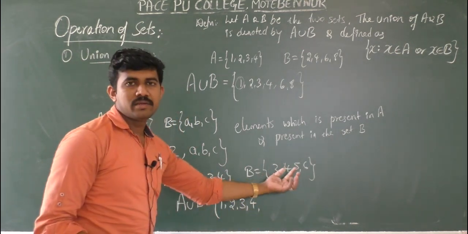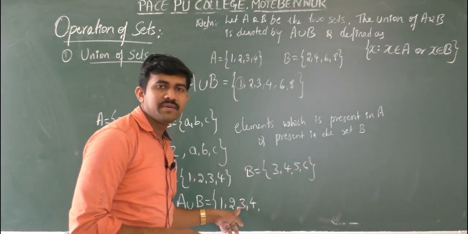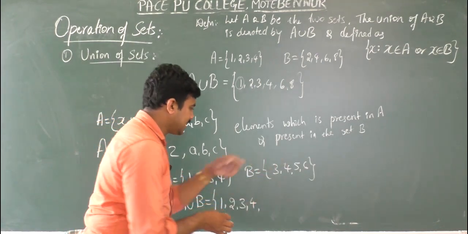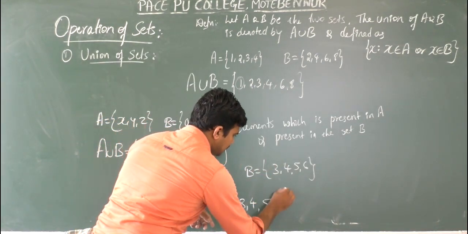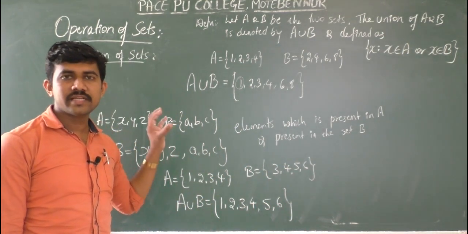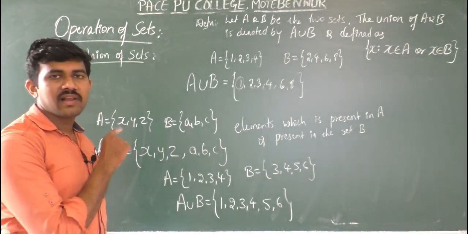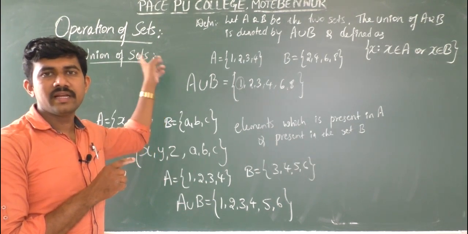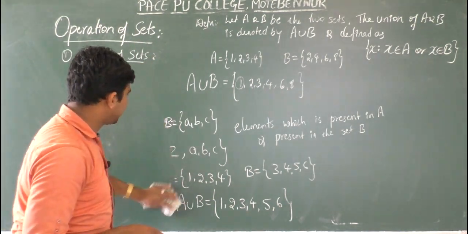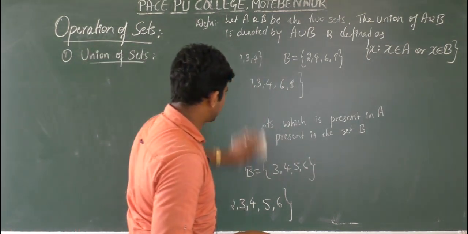Next, all the elements of B, that is 3, already you have, don't write again. 4, already you have, don't write again. Next, 5, 6, this is A union B. Is it clear what is A union B? Next, we'll solve the exercise problems regarding the same. So I'll go now to exercise problems related to union of two sets.